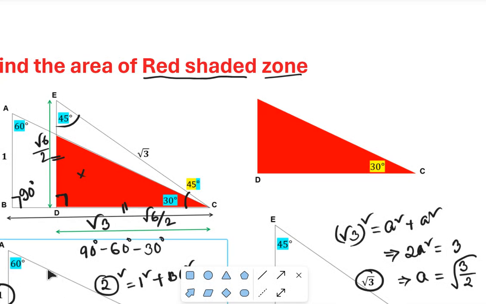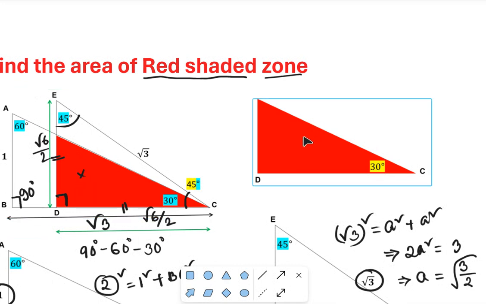Now it's time to take apart from the whole figure to this red shaded area, and at this point, let's say this is a point called P. So what we have to do, we have to determine the area of this PDC triangle, and obviously this is a right angle triangle as well, and D is the right angle, which is 90-degree, and C is 30-degree.